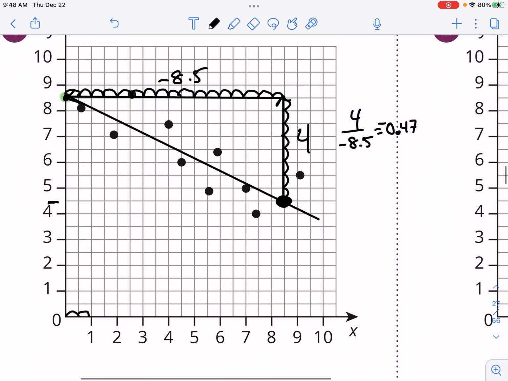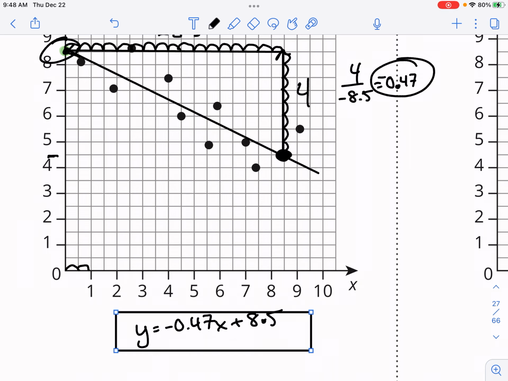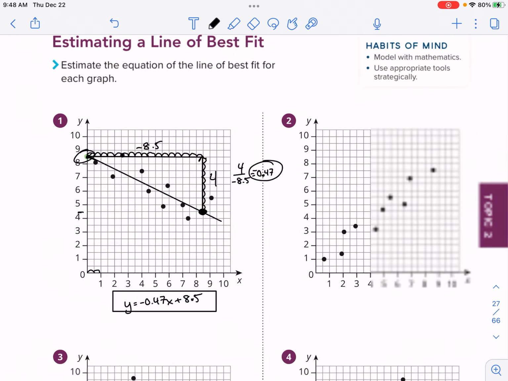So the equation, if we have this as the slope and 8.5 as the y-intercept, would be y equals negative 0.47x plus 8.5. And you're more than welcome to use a calculator for this portion of it.